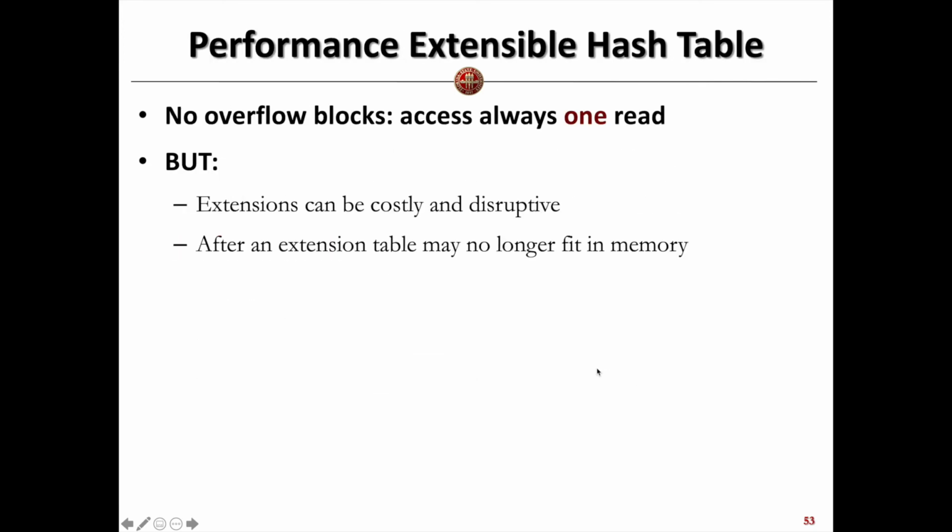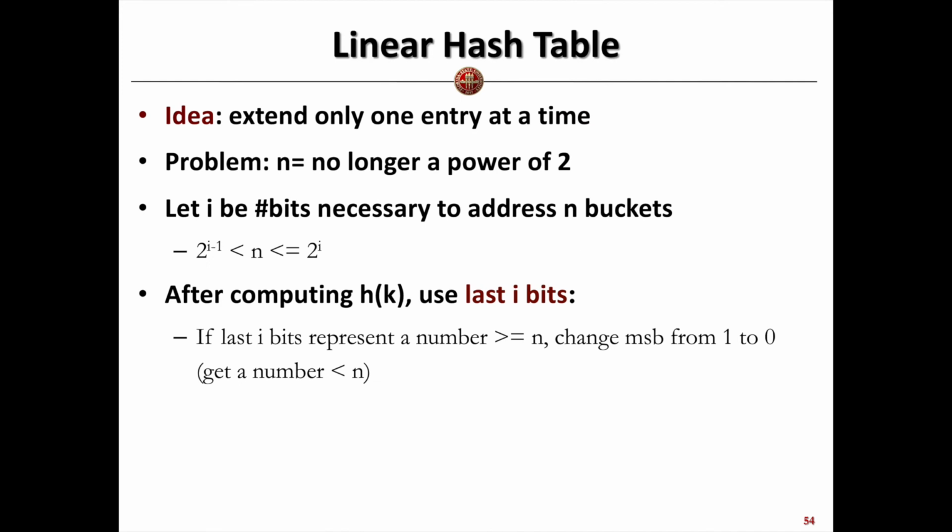However, for this linear hash table, we only grow one entry or one bucket at a time. In other words, we cannot guarantee that n equals some power of 2 anymore. It will be in the range from 2 to the i minus 1 to 2 to the i. We don't need to double its size every time. In other words, n will be no greater than 2 to the i. It will actually be much smaller than 2 to the i in the real world.